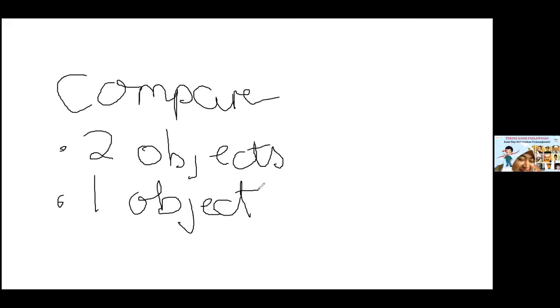So we can have one object, guys, but in two different times. Teacher Fika now 152 and teacher Fika long ago in SMP.